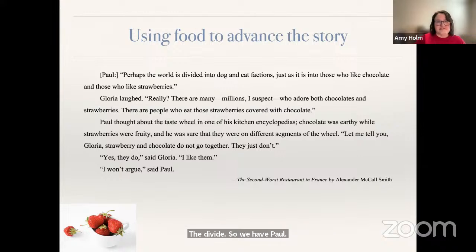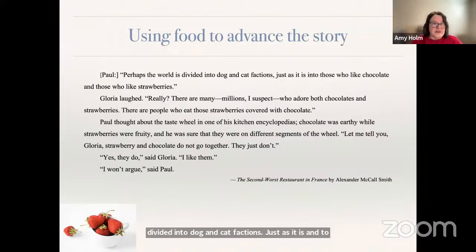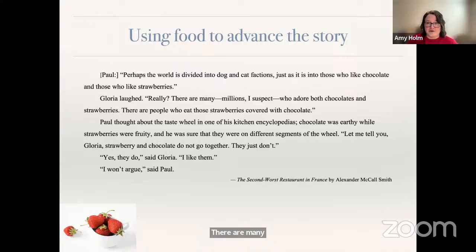Perhaps this world is divided into dog and cat factions, just as it is into those who like chocolate and those who like strawberries. Gloria laughed. Really? There are many, millions, I suspect, who adore both chocolates and strawberries. There are people who eat those strawberries covered with chocolate.